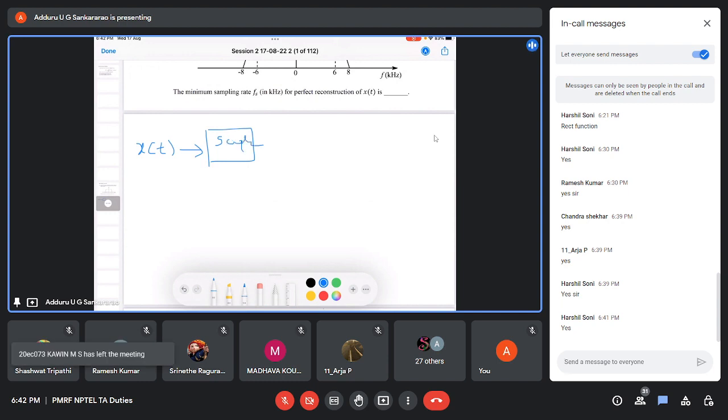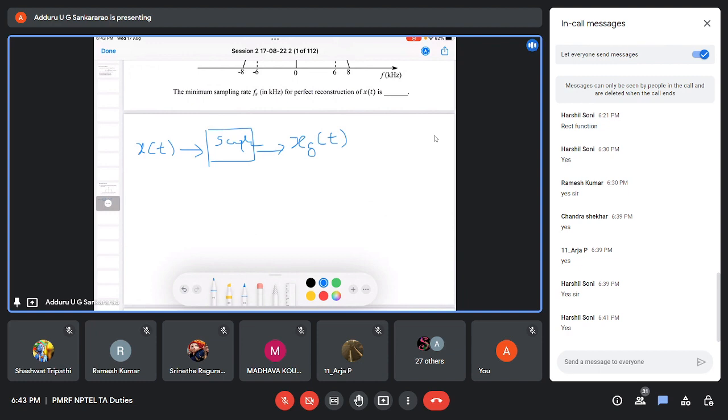Then we will get the sampled version of the signal, x delta of t. You know what sampling is, right? At regular intervals of time, we take samples from the signal. Instead of transmitting or using the entire signal, we use the discrete values of the signal.